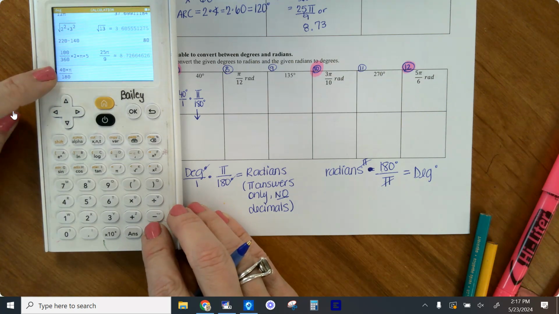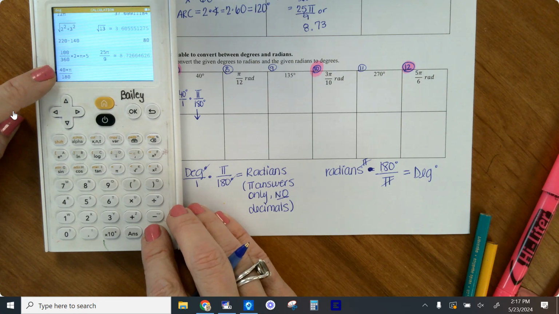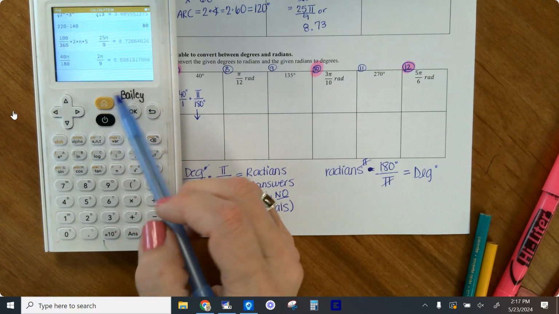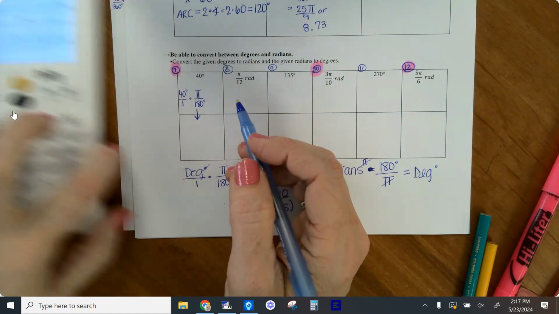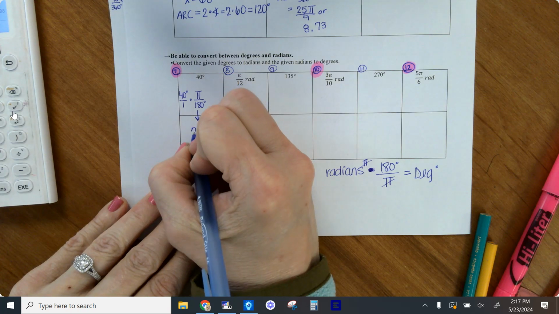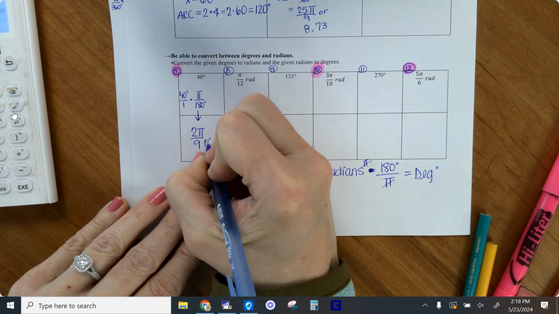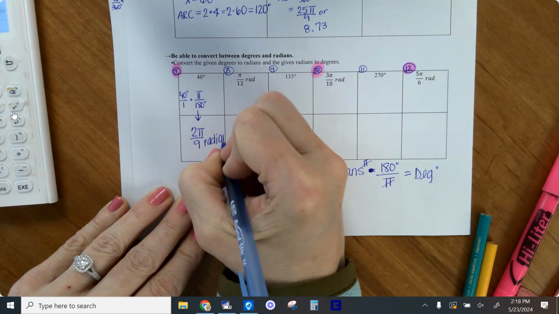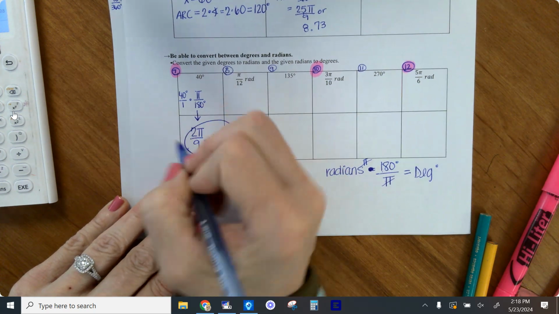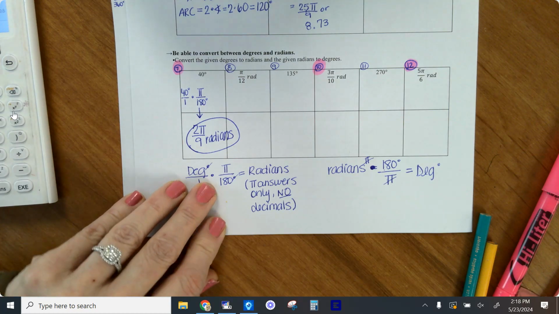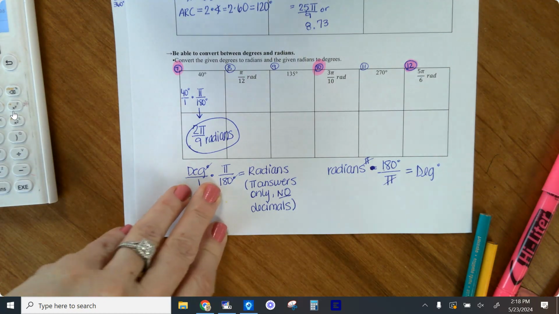Now you can type it like this. 40 times pi divided by 180. You're going to get 2 pi over 9. 2 pi over 9 radians. And that's your answer. No decimal. Not allowed. Okay?